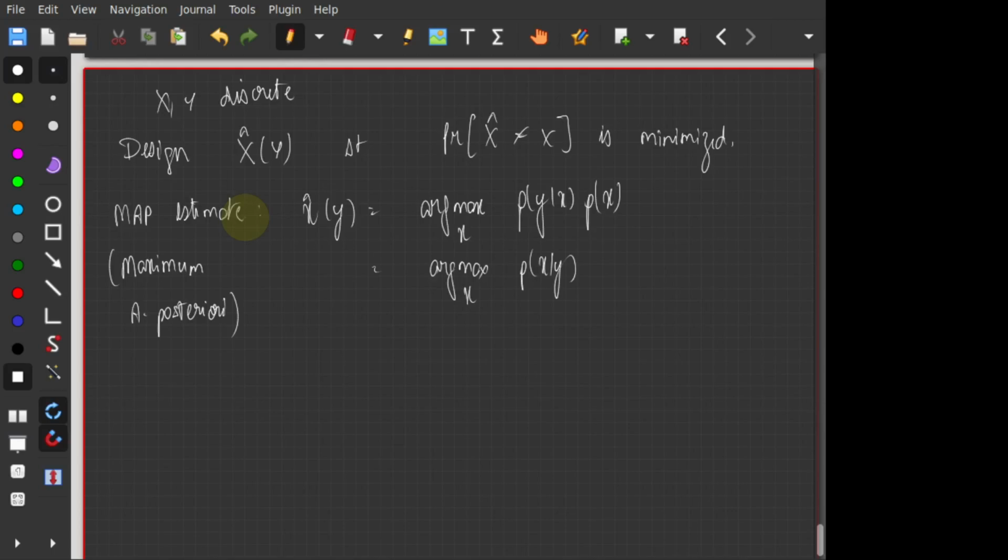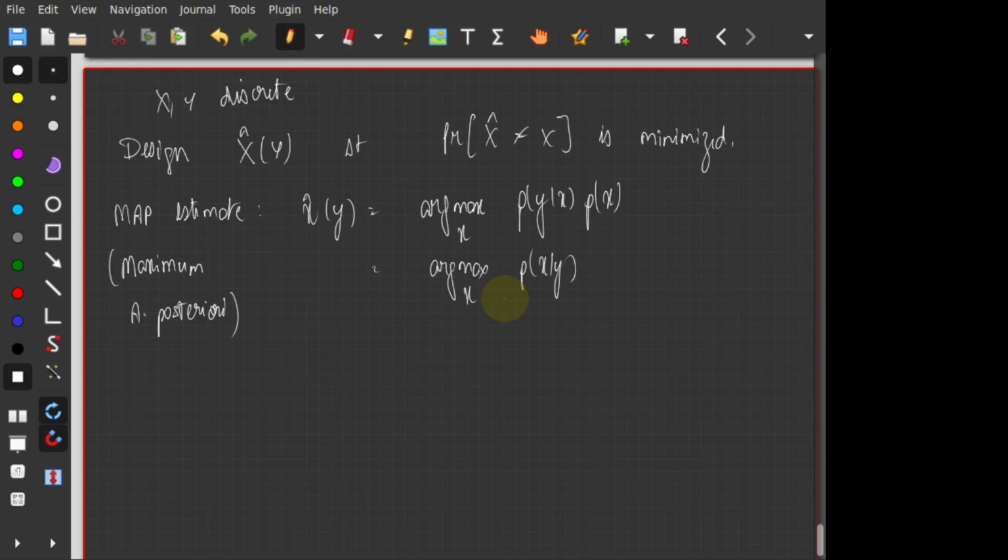And why does this minimize the probability of error? Even before that, let's just look at this. Basically, what are we doing? Let's look at this particular expression, argmax over x of P(x|y). What does this tell us? You're picking the x which is most likely given the observation y.